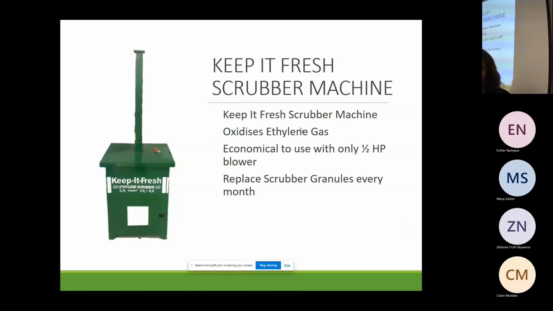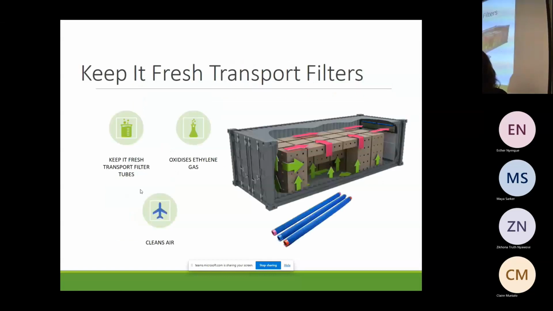And then you've got what are called the scrubber machines. These scrubber machines oxidize the ethylene gas, and they're economical to use with only a half HP blower, and you can replace the scrubber granules every month. So it's something that can just be there, labeled ethylene scrubber, trapping all the ethylene that is around.